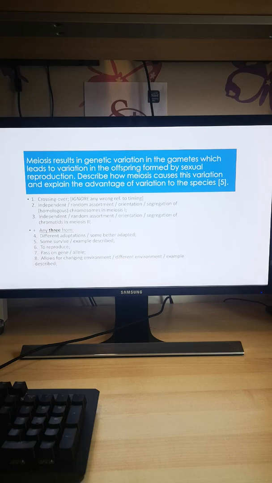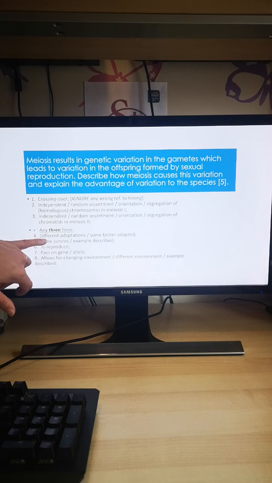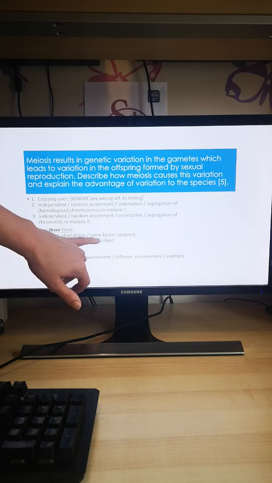Then it was answering the second part of the question. Explain the advantage of variation to the species. We haven't done this in any great detail at A level, but you can see these aren't really very difficult mark points. It's that idea that variation in the offspring means we've got individuals who will be better adapted.